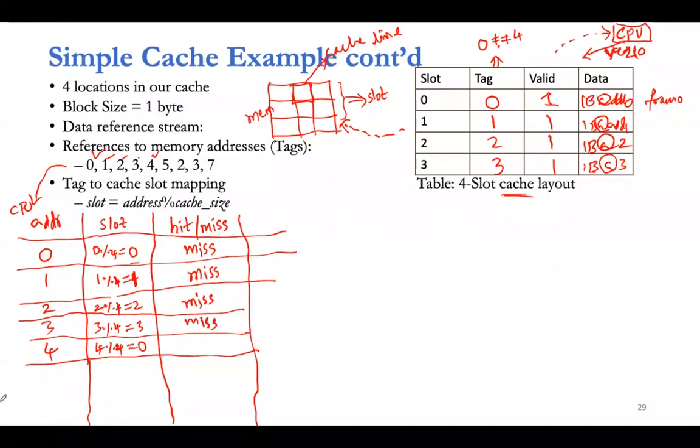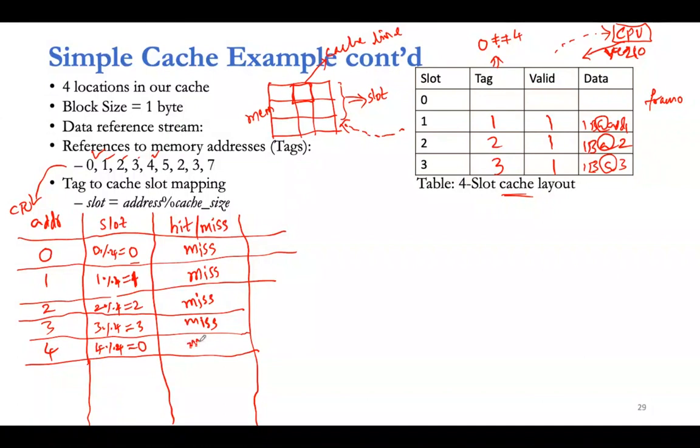So in that case, the frame must be evicted. Everything in that frame 0 will be evicted and made free to accommodate the data requested for that dedicated slot.